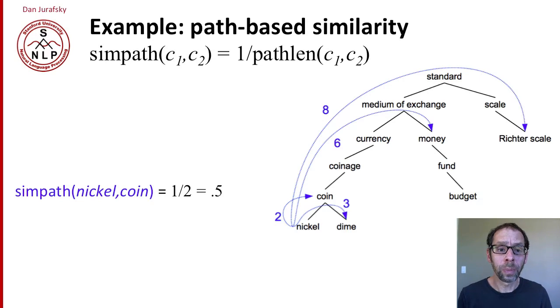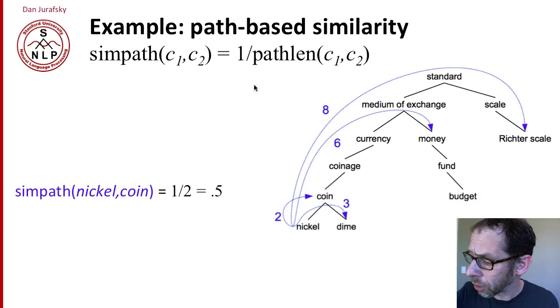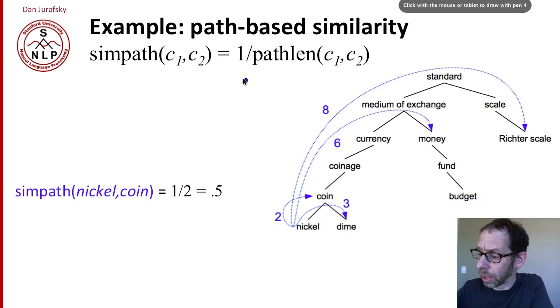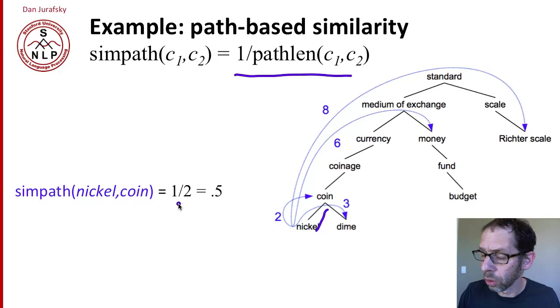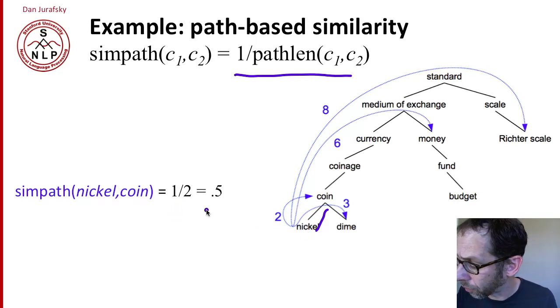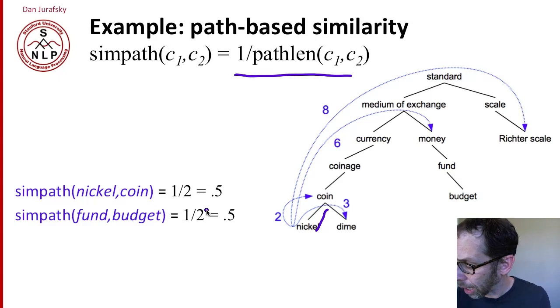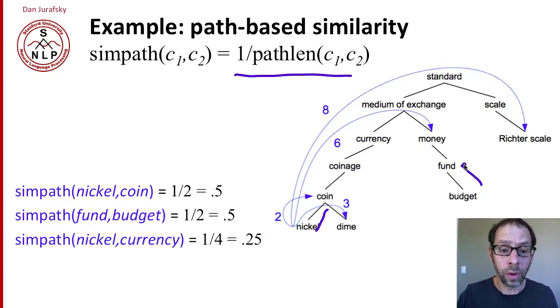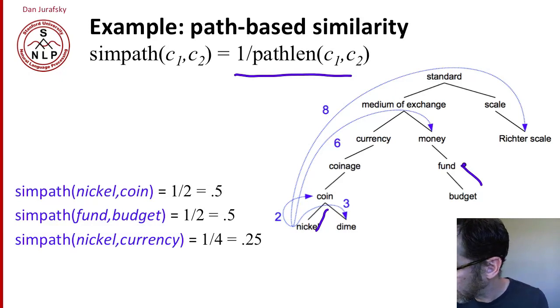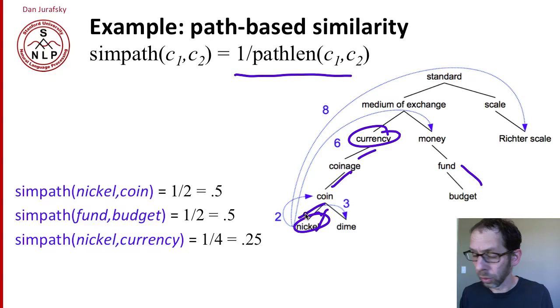So returning to sense-based similarity, we've got our metric now for path-based similarity, 1 over the path length. Between nickel and coin, we have a path length of 1 over 1 plus 1. Remember, we're adding 1 to the number of edges, so it's 1/2 or 0.5. Between fund and budget, similarly, 1 over 2 or 0.5. Between nickel and currency, we have 3 edges, so 1 over 3 plus 1, or 4, is 0.25.